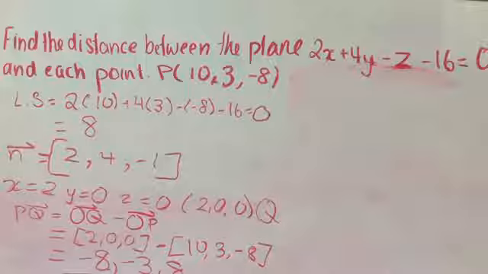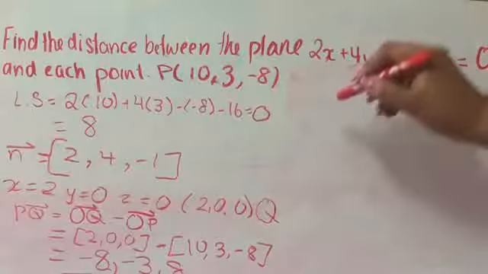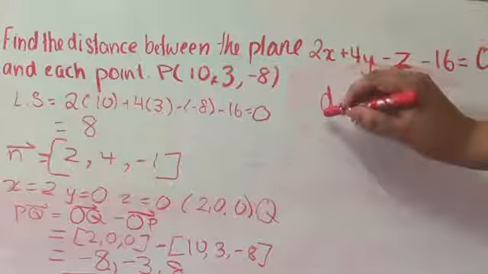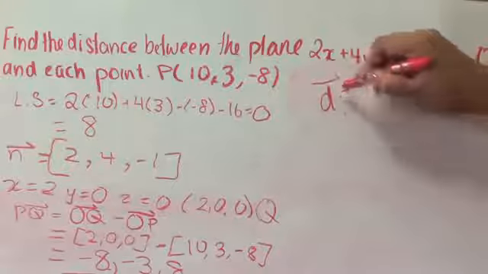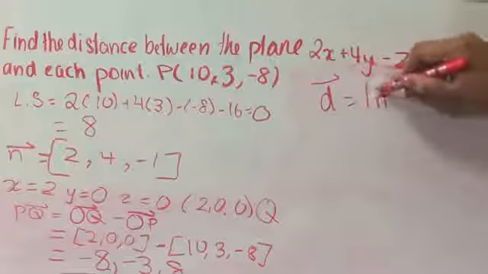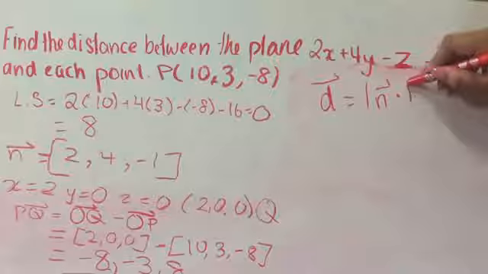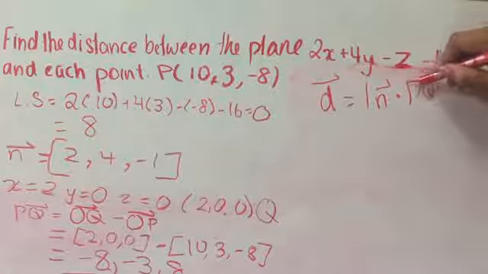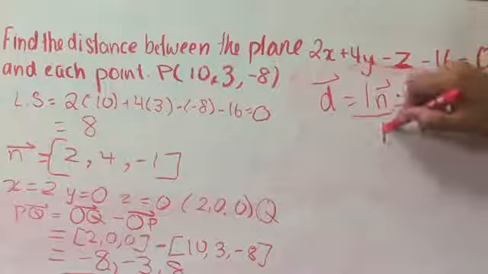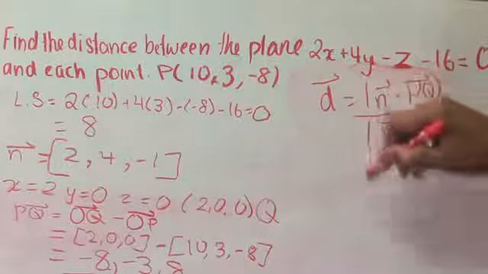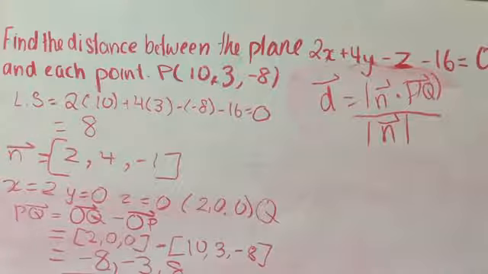And so we're going to use this new equation, and that is D is equal to the magnitude of the normal vector times PQ over the magnitude of the normal vector.